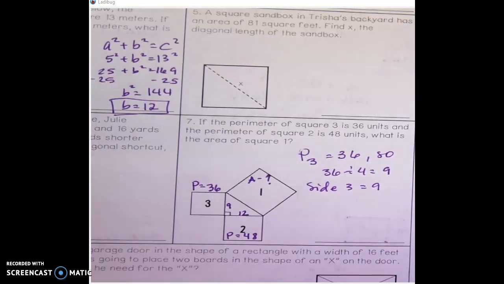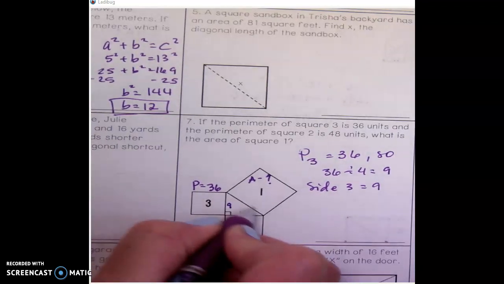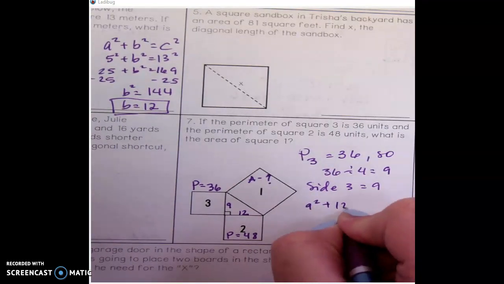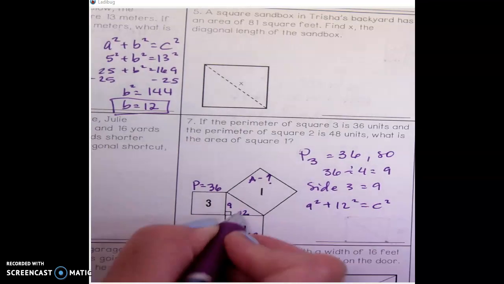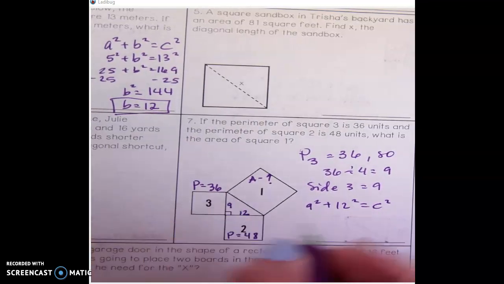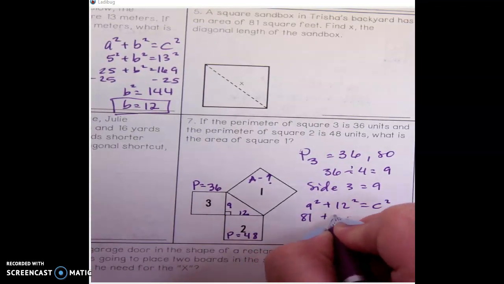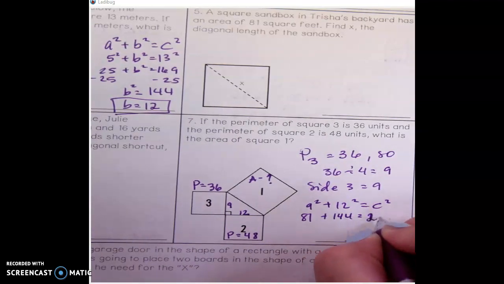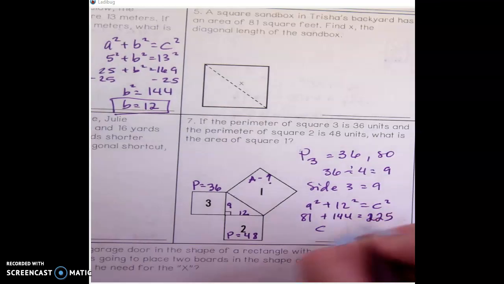And so now we are ready to plug in our values in order to find the value of this side right here. And so 9 squared plus 12 squared is going to give us c squared, because this right here is our largest value. 81 plus 144 will give us 225.